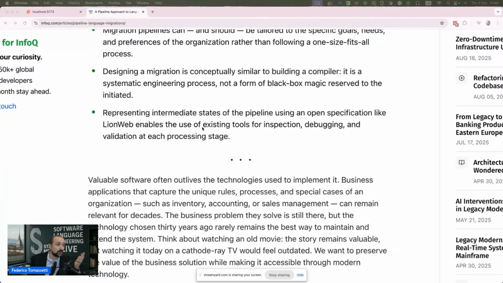And it also means that you can implement different stages with any of the languages that support LionWeb. Basically every stage reads a starting state in LionWeb, does something and produces a final state in LionWeb, and given that any LionWeb stage can be implemented using, at this time, Java, C#, Kotlin, Python, TypeScript, and others to come, it means that you can have a pipeline composed of different elements written in different languages, and I think this is an advantage.